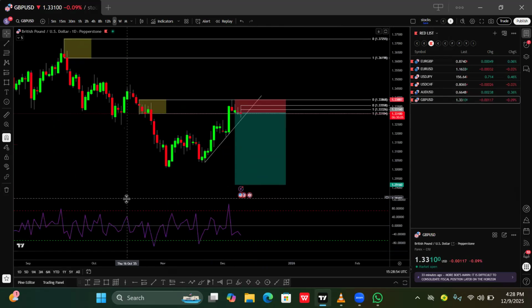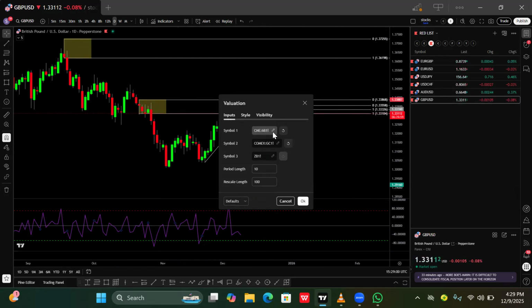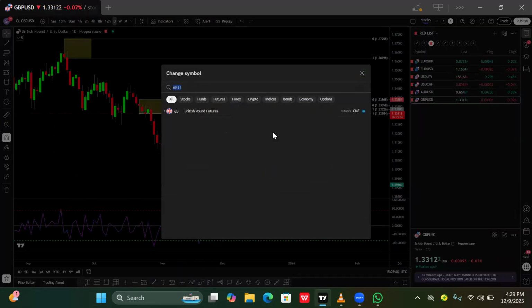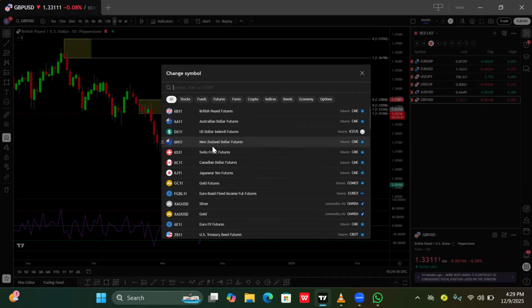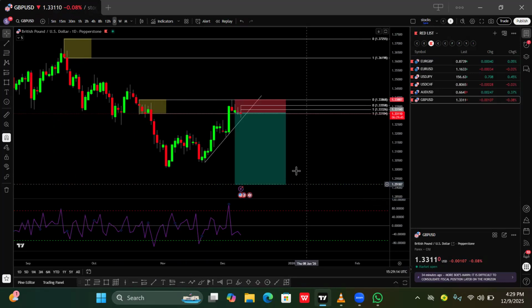Here is where some of our tools come in. This is a tool we use to value currencies against one another. For a beginner, you're going to learn how to use this once you're done with the course. But for now, let's see.